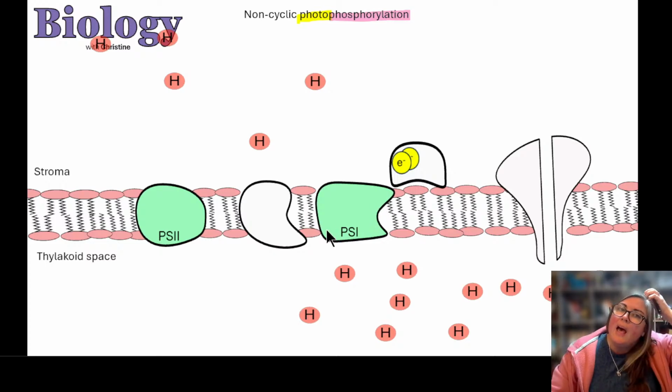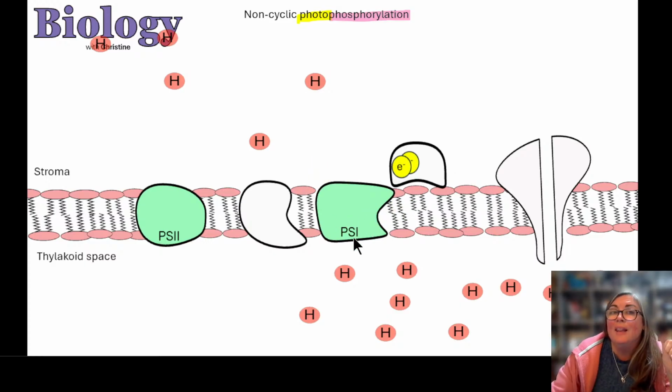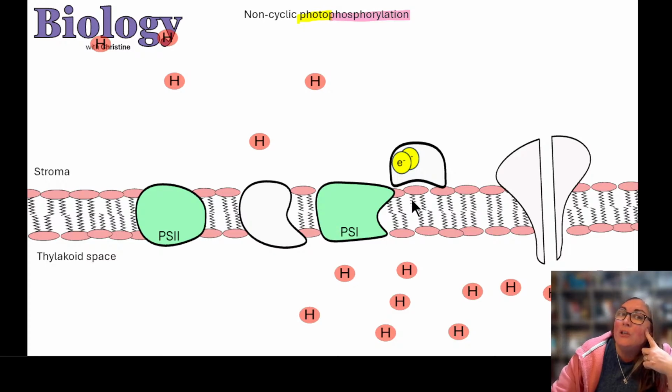If I go back a second, the photon of light has been absorbed. The electrons were donated at the reaction center, and they're donated to the electron transport chain. Now, these photosystem 1 electrons will make their way up through the electron transport chain to this part here. You don't need to know the name of this.